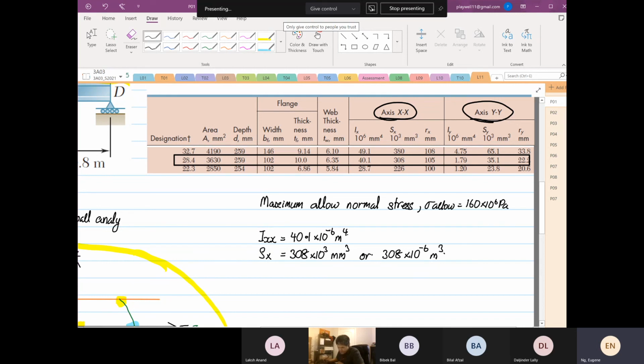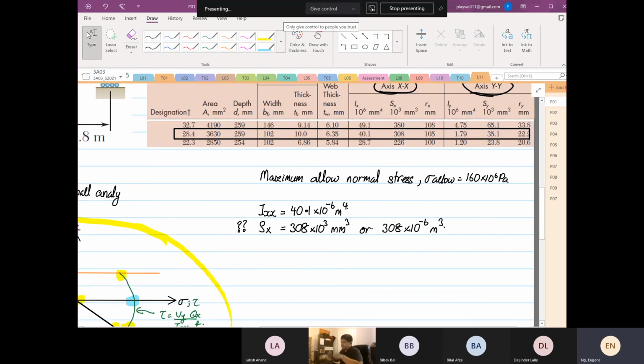Now how is this related? What is this SX? It's a constant, not a function.